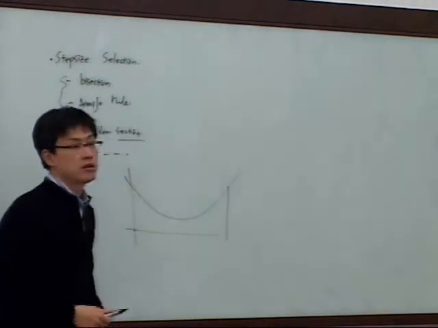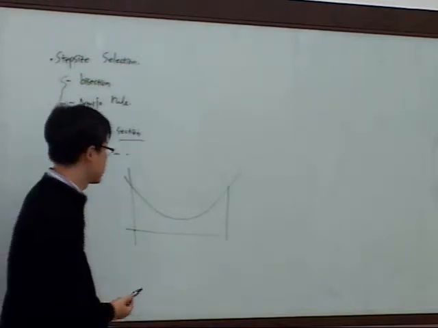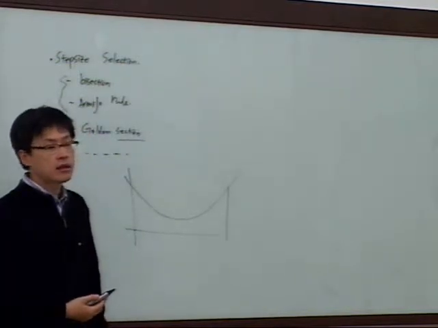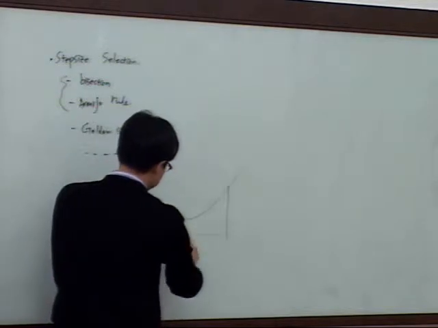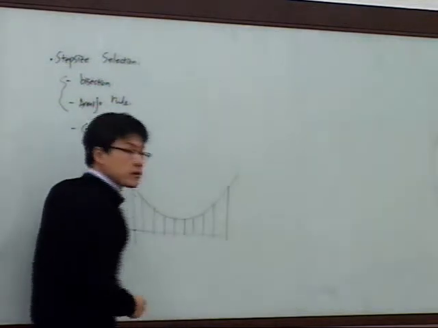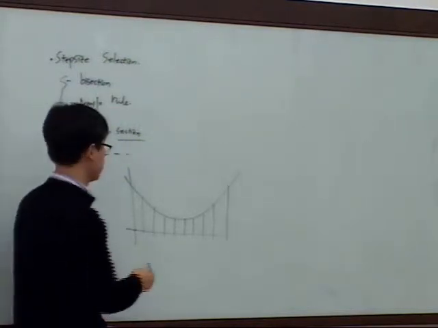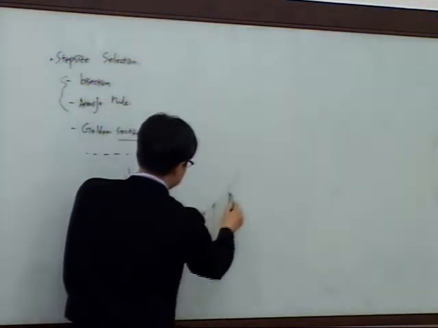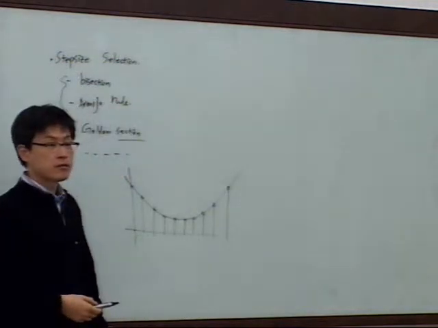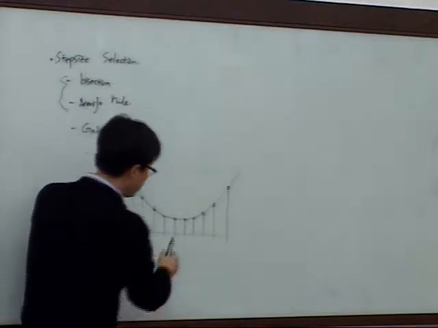The most brute and straightforward way to do this is to take n equally spaced sampling points, like this. And you evaluate the function at every point. And the next step is to find the smallest two, which is this.